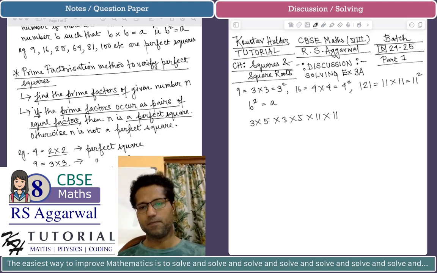This is a pair, 3 and 3, the factors are equal. This is another pair, this is another pair, and finally this is the third pair. If we group the pairs, we have it like this.